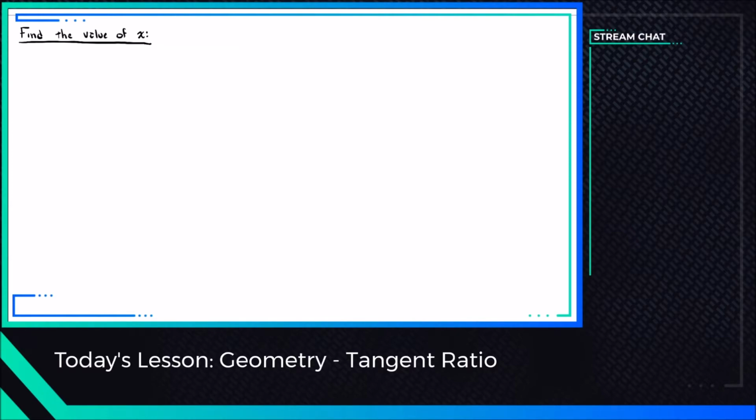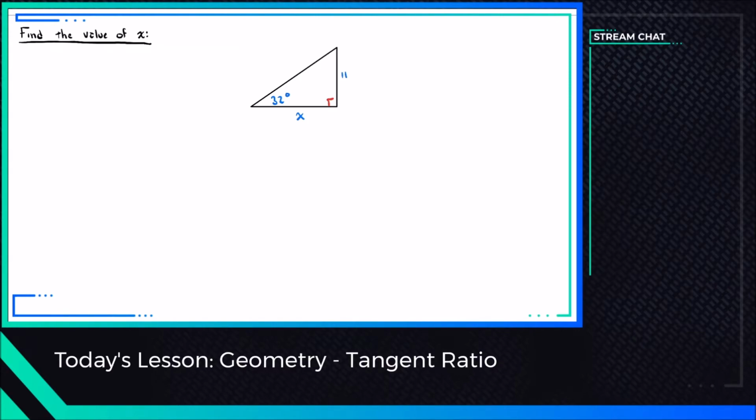I should probably give you the triangle first. So this angle right here is 32 degrees, this leg over there is 11, and this leg down here is our unknown x. And then, of course, we've got our right angle right there.